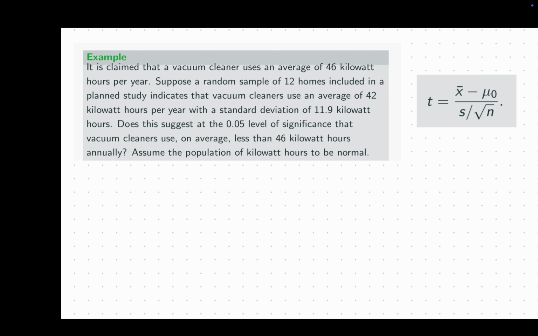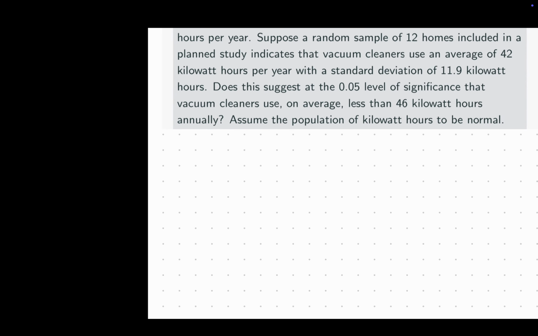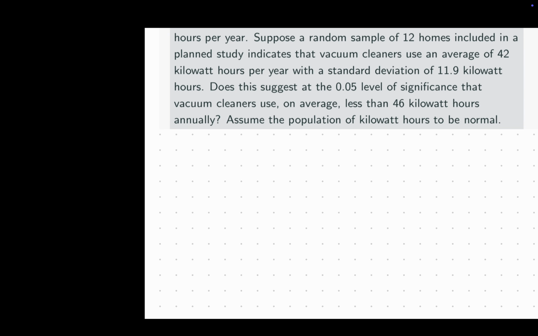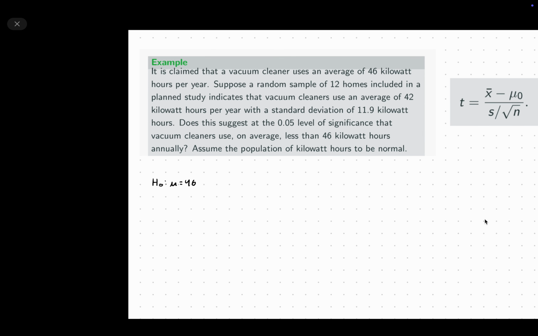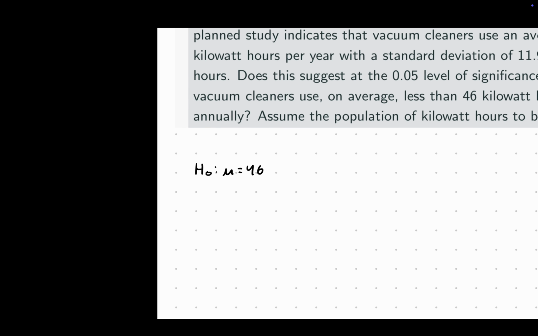So here we're given our significance value. Let's start with our hypotheses. H0 is our null hypothesis, that our mean is 46 kilowatt hours. We're using 46 because this is what is being claimed, so that's the value we use for our null hypothesis.